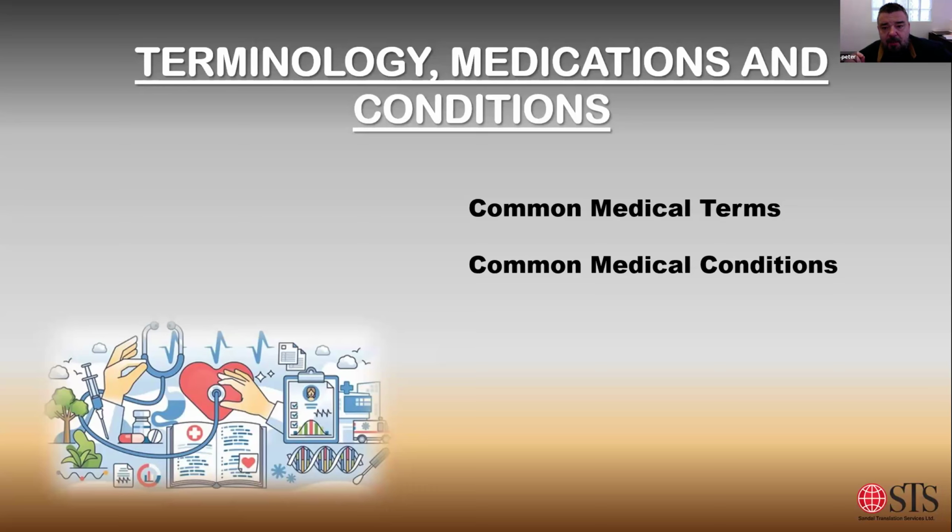So the common medical conditions, let's say, right? Hypertension, yeah, that's something very common. That's the high blood pressure most of the time, and that's what we can probably help with in interpretation, right? Diabetes.